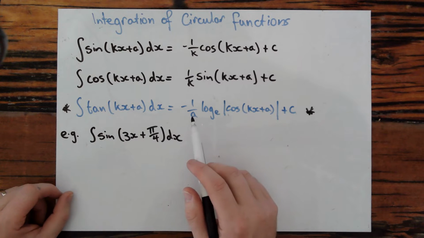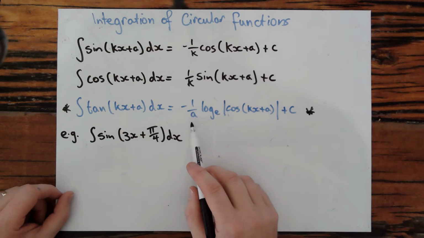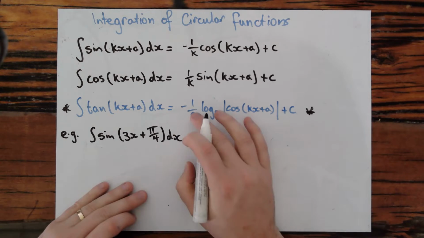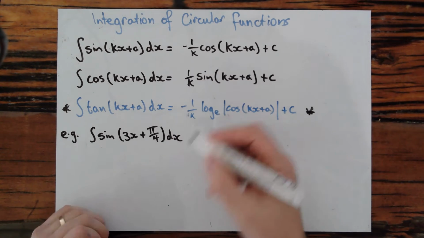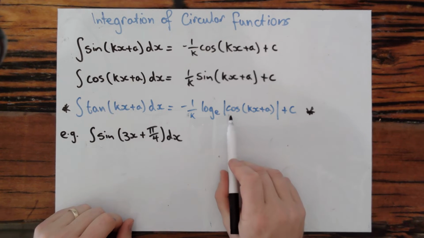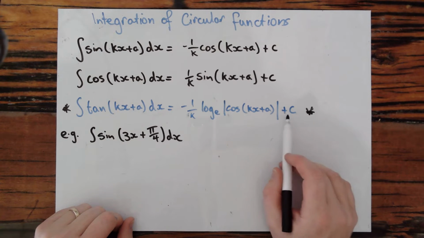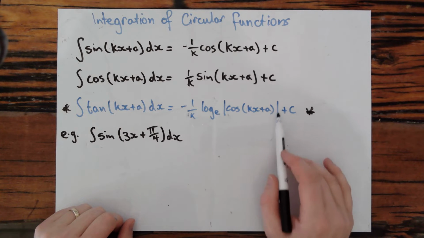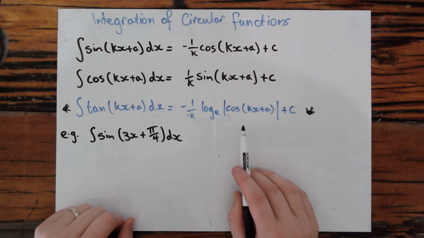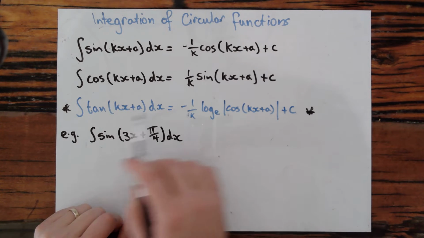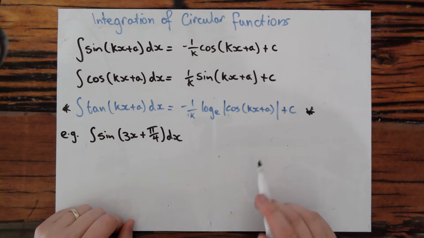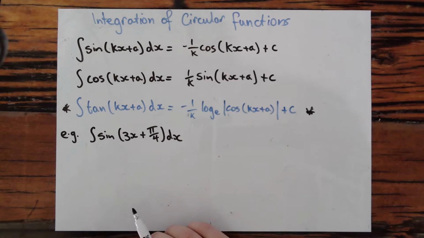The answer is -1 on k, that should be on k, not on a, log to the base e of the modulus of cos of (kx + a) + c. The modulus is just these straight lines, and it basically means anything in here has to remain positive all the time. As I said, this sits outside the scope of the course for Year 12 methods, but I put it in there for completeness.